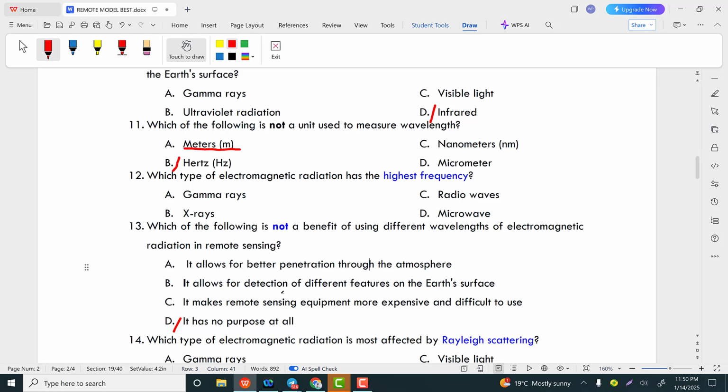This is also correct. It makes remote sensing equipment more expensive and difficult to use. Yes, if we use sophisticated and modern sensors, their cost is probably expensive and it is difficult to use. So the answer is D.